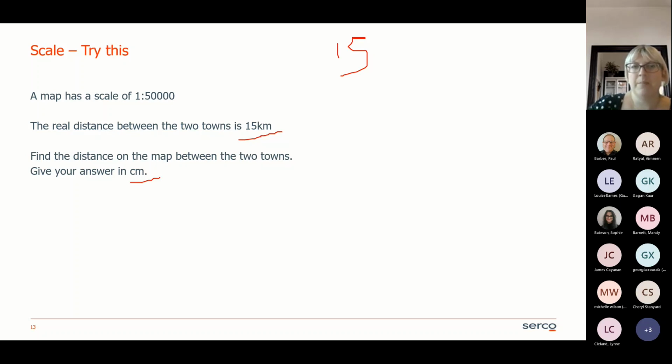So 15 kilometers in meters would be, I know that I will be adding 3 zeros. That's the easiest way that I do it. So that would be in meters.